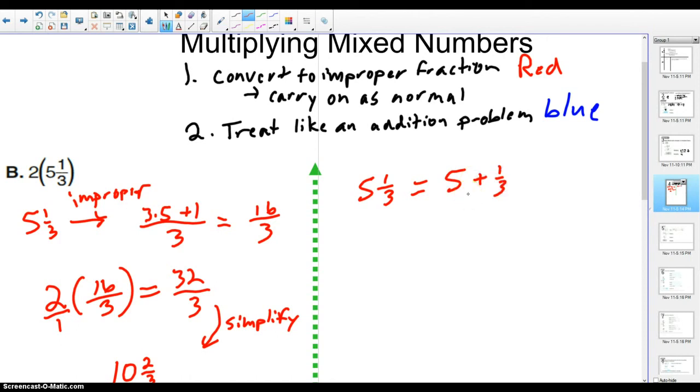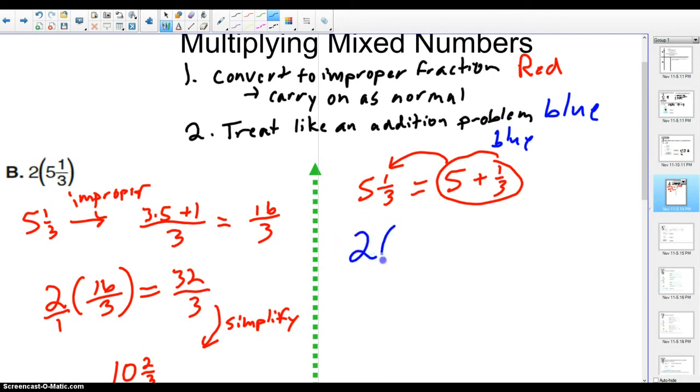So now to do this problem, we replace 5 1/3 with 5 plus 1/3. And I said I was going to do this in blue, so pretend this is blue. So we replace 5 1/3 with 5 plus 1/3.